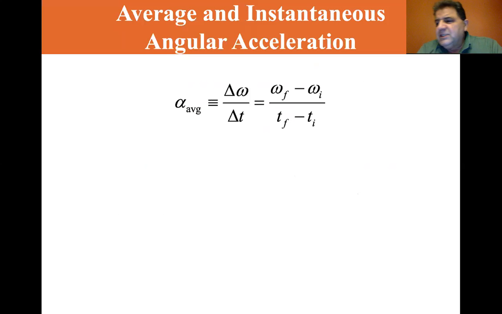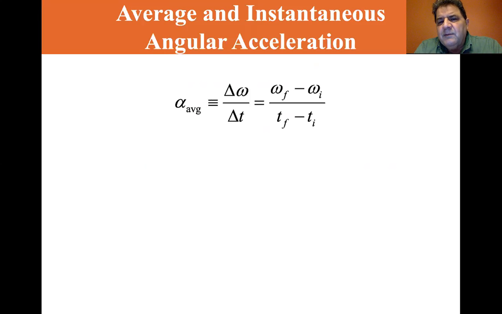Okay, average and instantaneous angular acceleration. Well, just as to get average angular velocity omega you take delta theta over delta t, to get average angular acceleration alpha, you take delta omega over delta t.